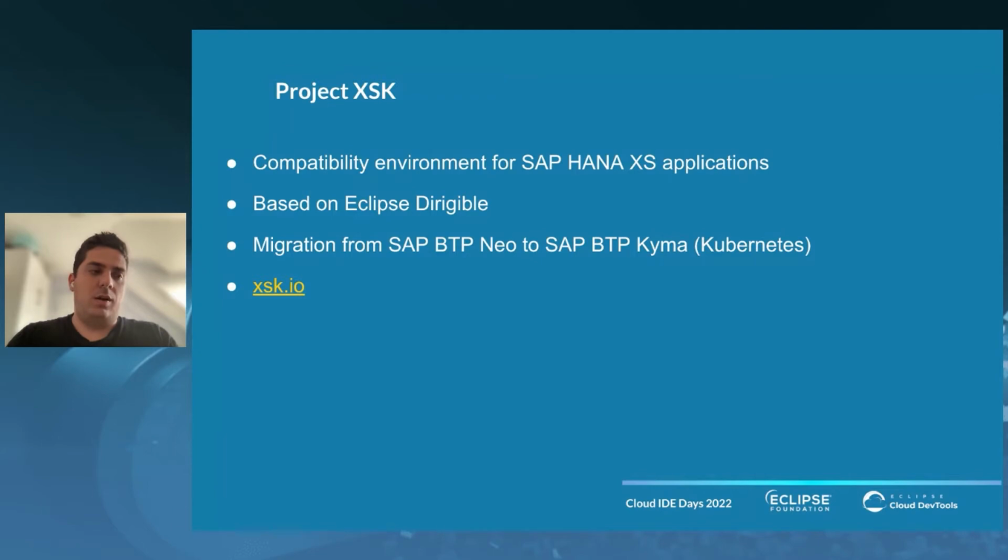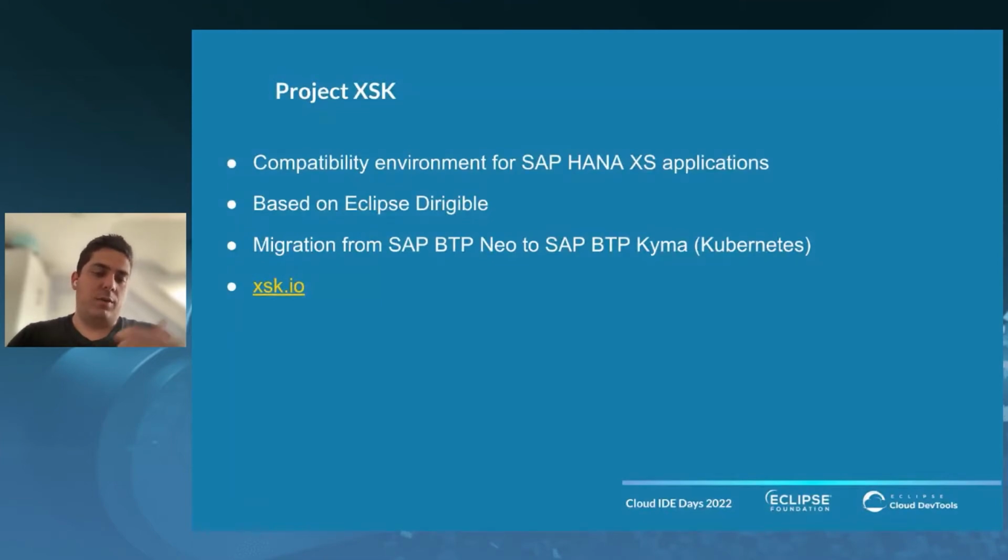In SAP, we have these cloud environments. Actually, we have a few of them, like SAP BTP Neo, SAP BTP Cloud Foundry, and SAP BTP Kyma, where the Cloud Foundry and Kyma environments, which is Kubernetes based, are based on open source and open standards.